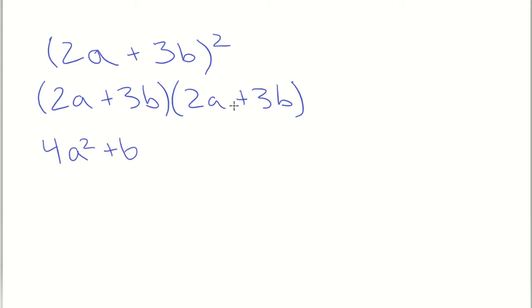And A and B have to be by themselves, so it's just plus 6AB. And then 3B times 2A, 3 times 2 is still a positive 6, and it's still B times A, so keep it in alphabetical order, so it's 6AB again. And then 3B times 3B, 3 times 3, that's a positive 9. B times B is B squared.